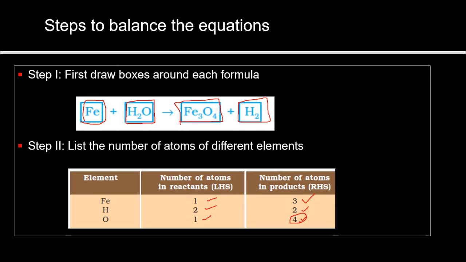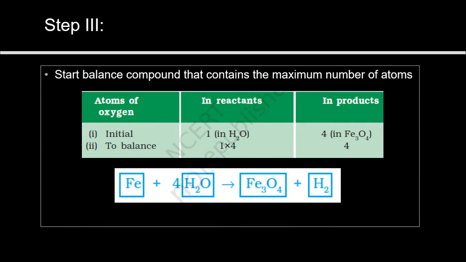So first we have to balance the oxygen. For that we are going to multiply this H2O by 4, 4 H2O. Initially how many water molecules? 1 water molecule, how much oxygen? 1. Do you know why we take oxygen? Because oxygen is present in the maximum number.